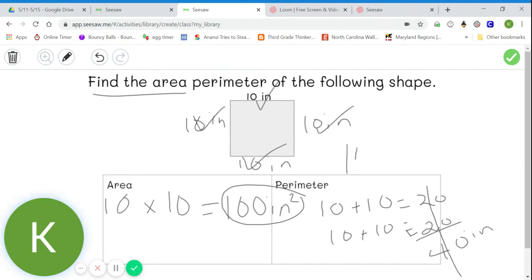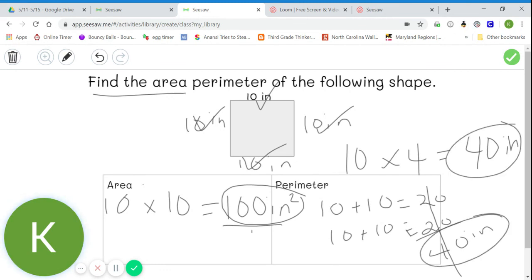But I could also do 10 times 4 because every side is equal and there are four sides in this shape. So it's basically saying 4 tens, which we also know is going to equal 40 inches. So my area is 100 inches squared and my perimeter is 40 inches.